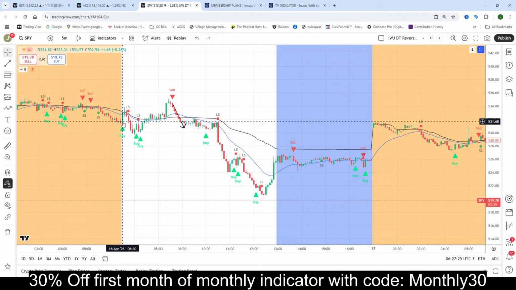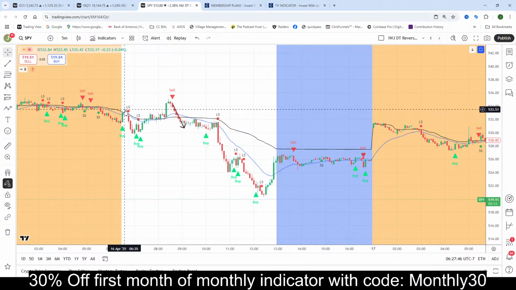We got in as soon as the market opened. We got a buy signal at 531. They took it up to 533.64, so it was about a 2-point move right at the open. But if you waited till this bar closed up here at 532, then you only got this little tiny move up and you failed. So by getting in as soon as this buy signal appears, we have a winning trade. If you wait till this candle closes, you have a losing trade.